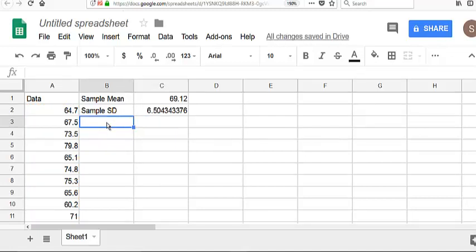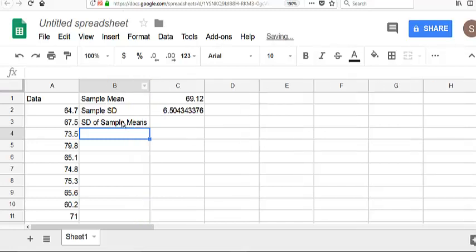Now, what we can then do is calculate the standard deviation of sample means, and stretch that so it's wide enough to get the whole thing.